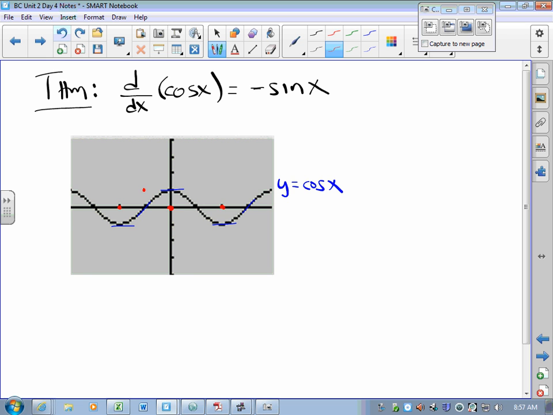And similarly, the derivatives here and here are -1. And so what you get is this beautiful function that looks just like the sine function, but it's upside down. And so the derivative of the cosine function is the negative of the sine function.